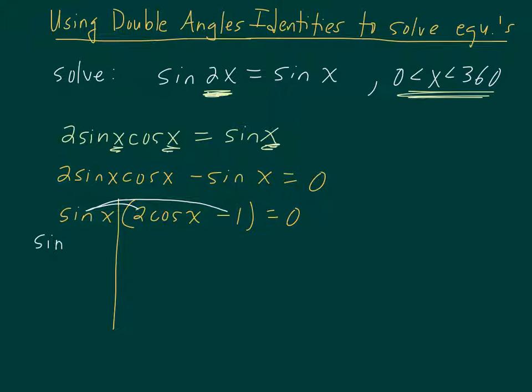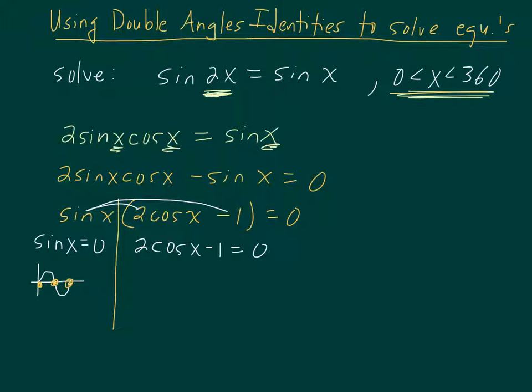So from here, we are setting each of these factors equal to 0, and we're going to solve for x. On our first piece, the sine of x is equal to 0. We talked about how to solve this in a previous video. My preference tends to be to just draw a quick sketch of the sine curve, or again, you could use the unit circle.